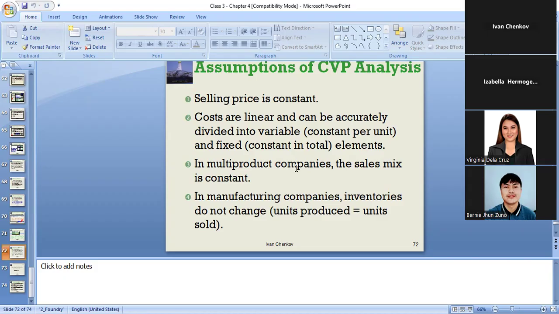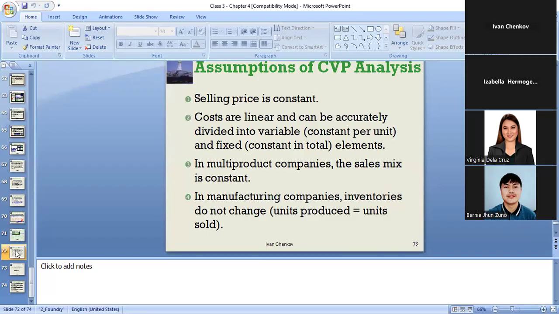Fixed cost always stays the same. When we have multiple products, the sales mix doesn't change, meaning the percentage of the sales doesn't change. And for manufacturing companies, inventory doesn't change. So we always start with zero inventory and finish with zero inventory. Whatever we produce is how much we sell.